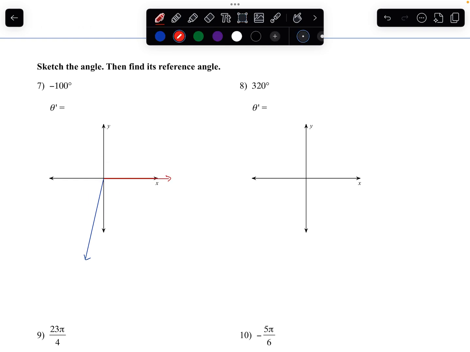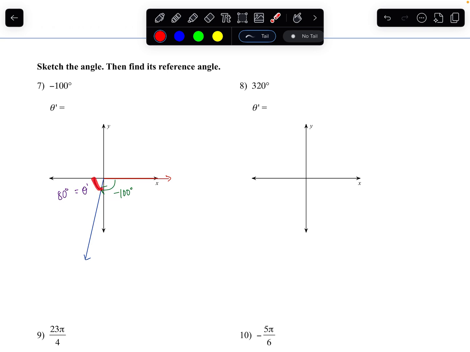This would be negative 100 degrees. The reference angle, this would be the reference angle, and that would have to be equal to 80 degrees. 80 degrees because remember that the reference angle is always measured to the closest x-axis.